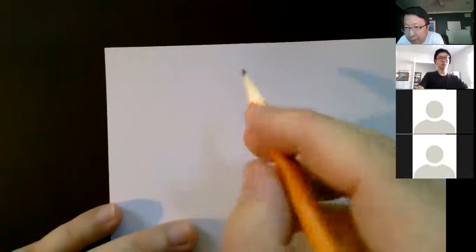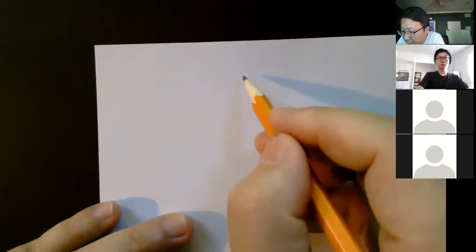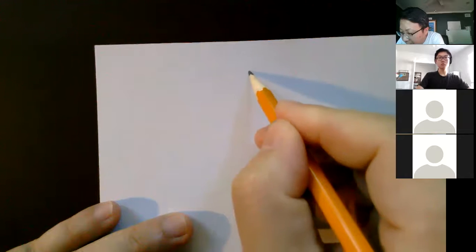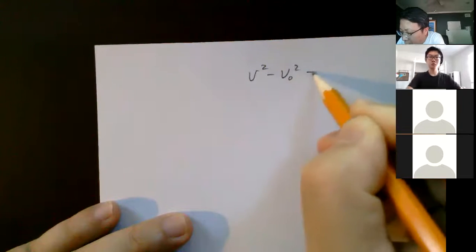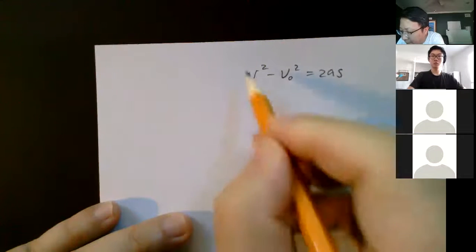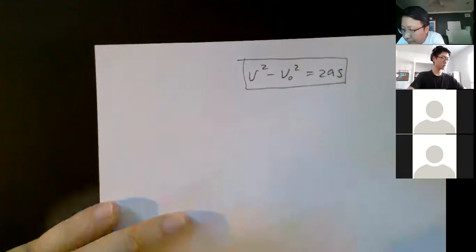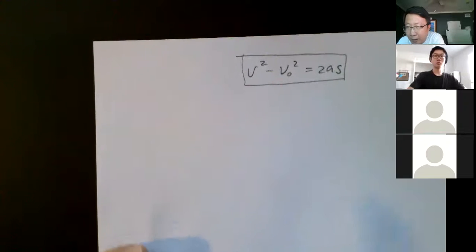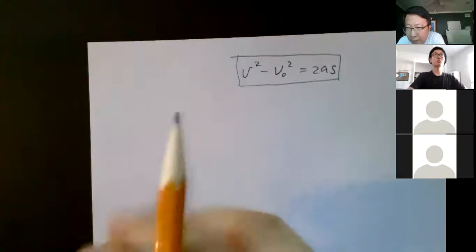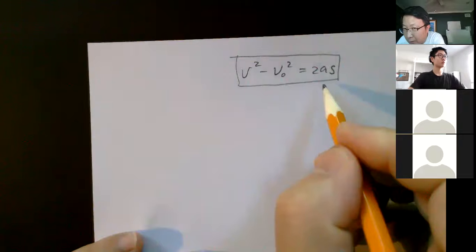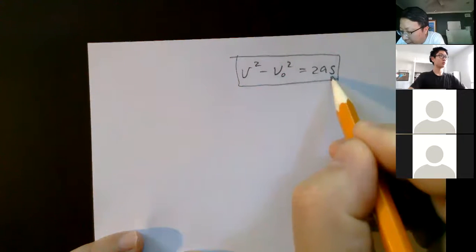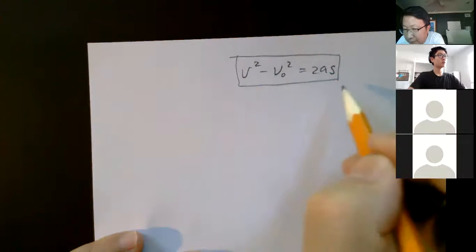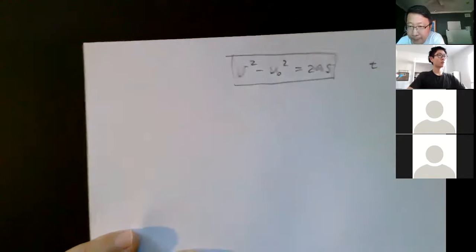For example, I remember Leo mentioned a formula in projectile movement, saying that v squared minus v naught squared equals 2as, something like this. This is one of the formulas in free fall movement, one which connects velocity and distance directly without involving t.